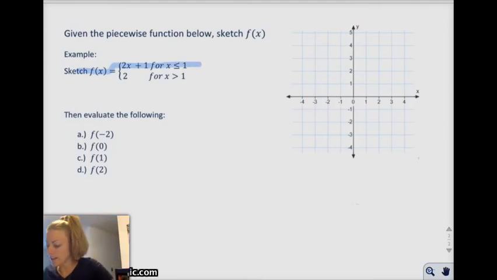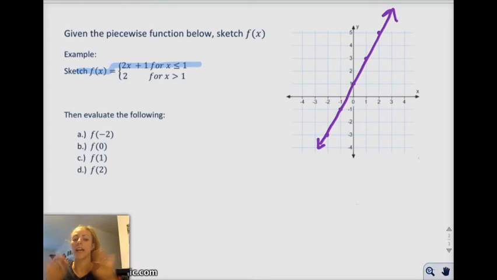My y-intercept is 1, and my slope is 2. If I were graphing 2x plus 1 alone, it would look like this nice purple line here. However, it doesn't exist when x is greater than 1. So we have to erase everything above 1, right?